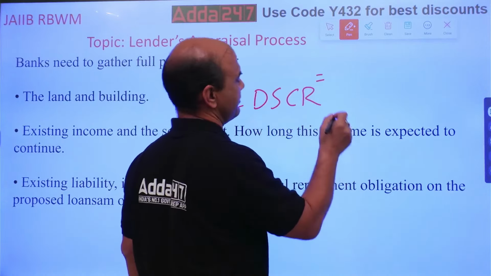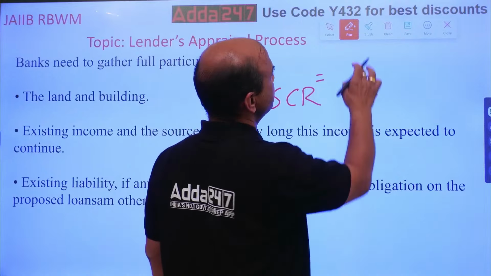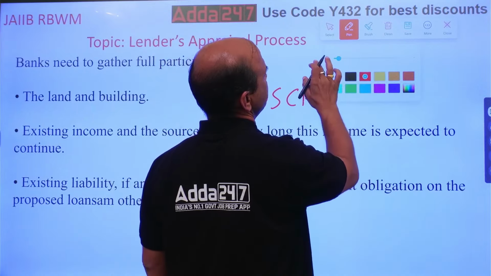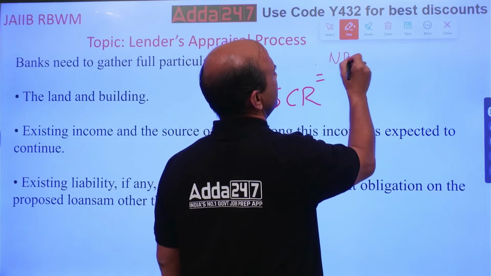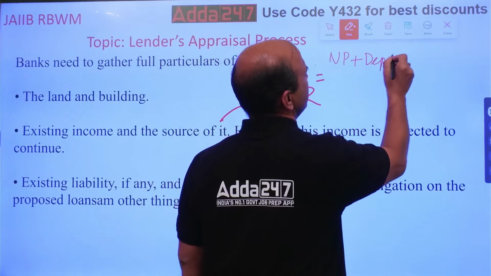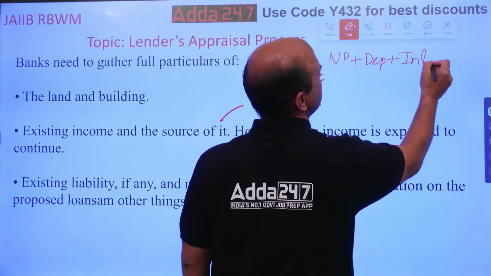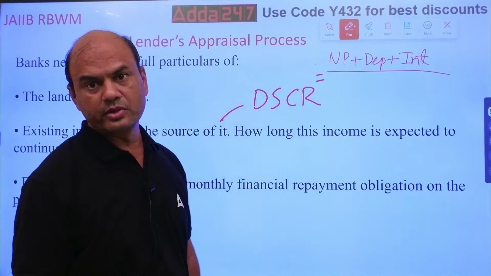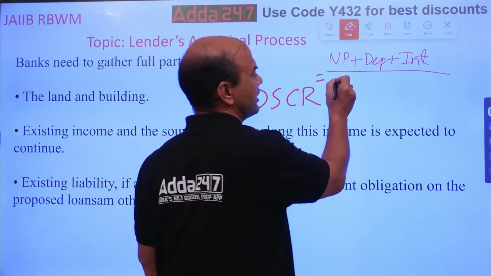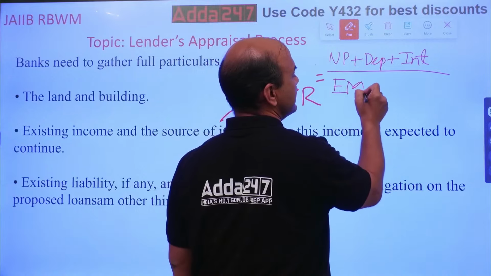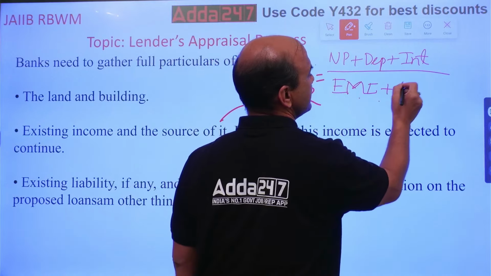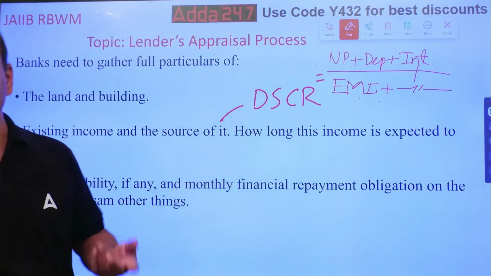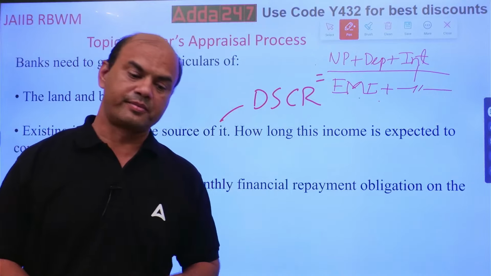Net profit plus depreciation plus interest on long-term loan, the whole upon your EMI, total EMI. Now EMI from your bank as well as EMI from others, plus again the same interest on long-term loan. This interest on long-term loan comes twice, once in the numerator, second in the denominator.